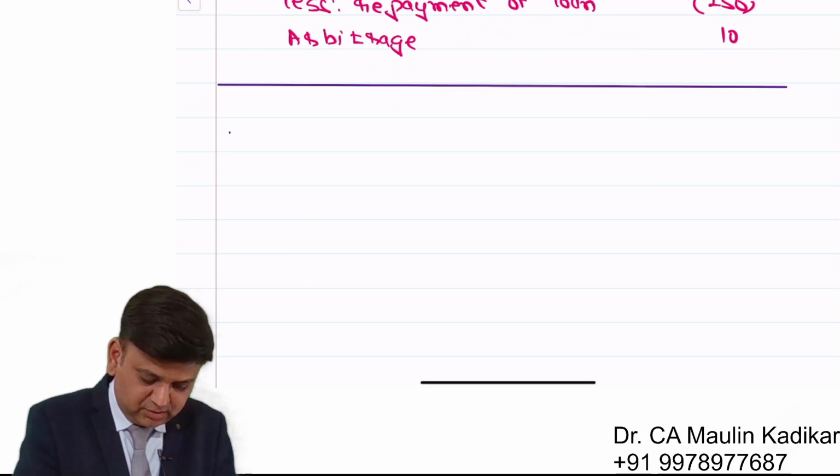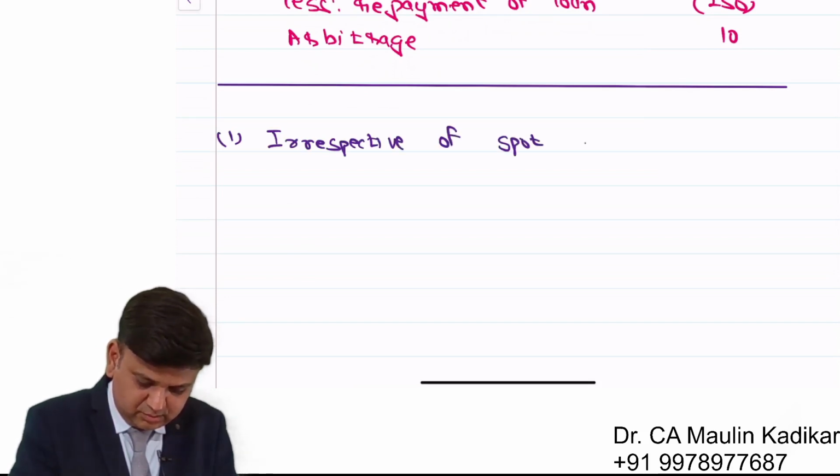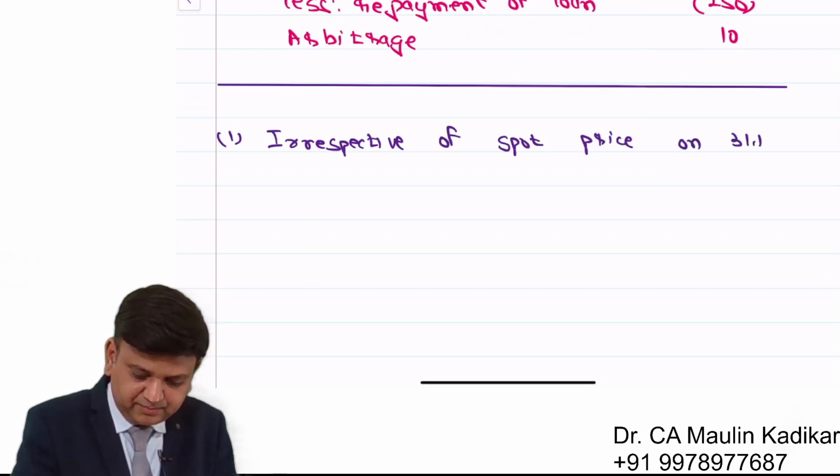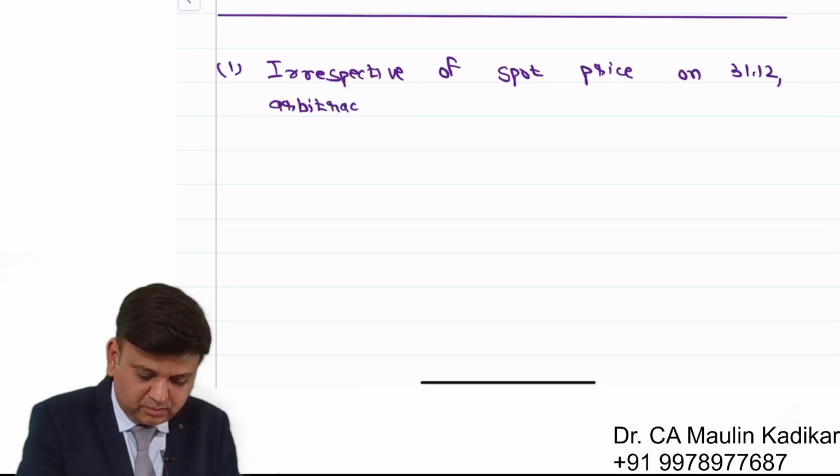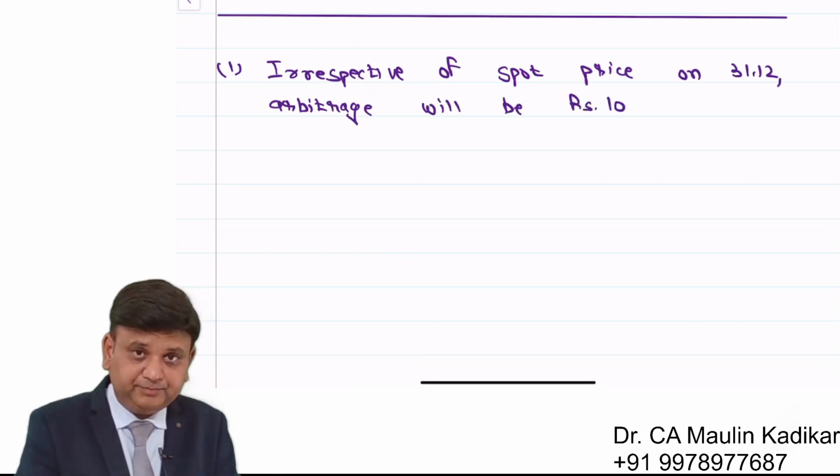First, irrespective of spot price on 31st of December, arbitrage will be rupees 10.